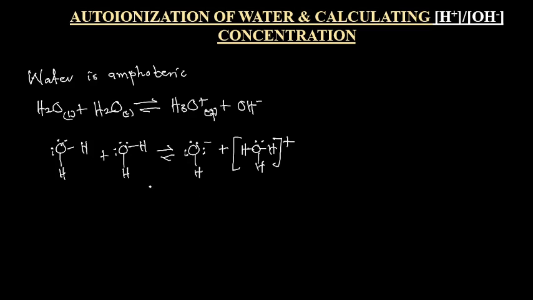Now, when we consider the ionic product constant, we'll say that Kc is equal to the concentration of the hydronium times the concentration of the hydroxide. This is a formulation that shows the relationship between the individual water molecules colliding and resulting in the hydronium and hydroxide ions, but we're not going to divide by the concentration of the water molecules.